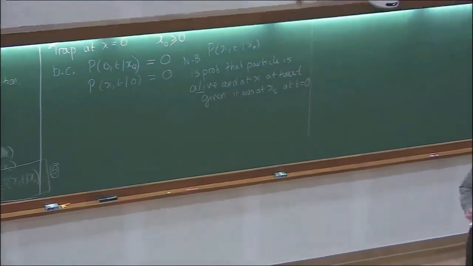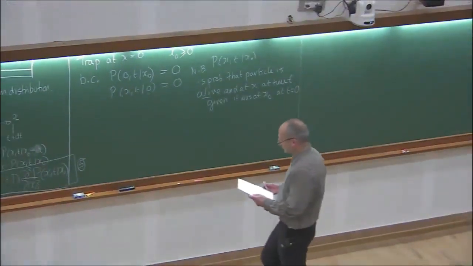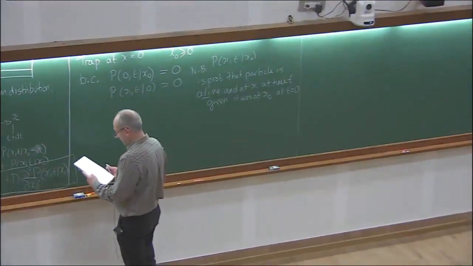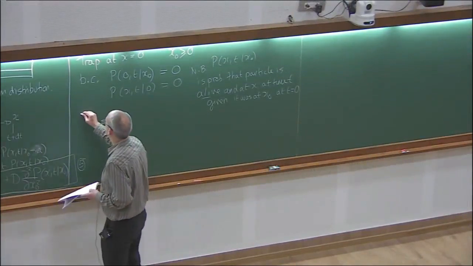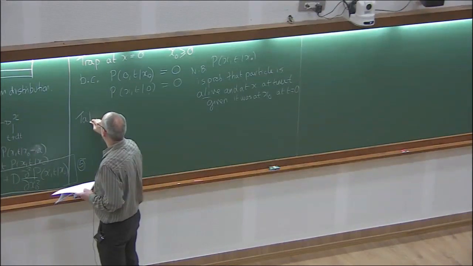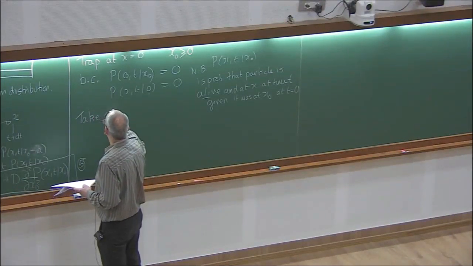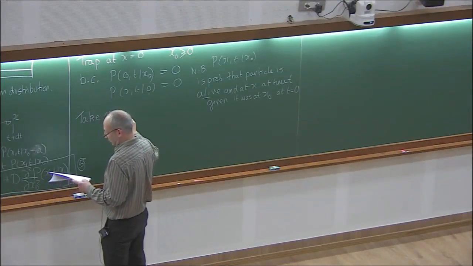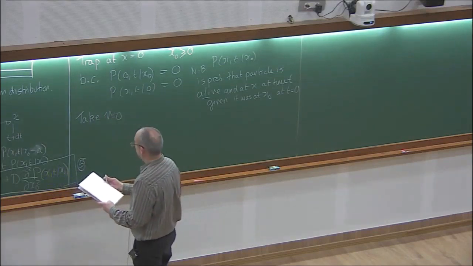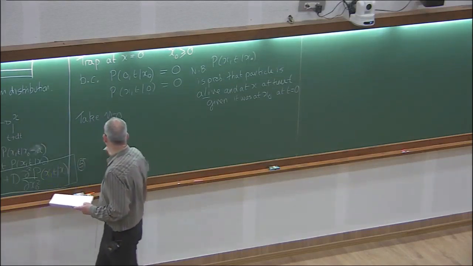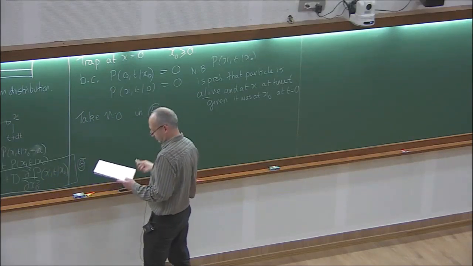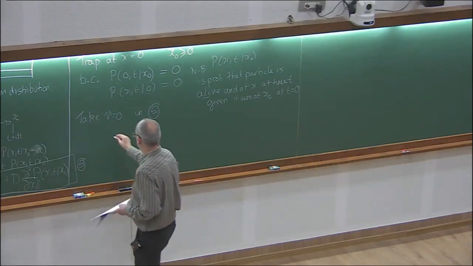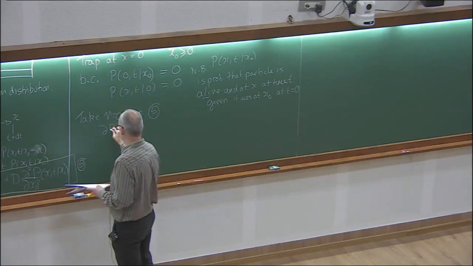So I'll consider the case V equals 0, so no drift in this equation. So I'll have dp by dt.